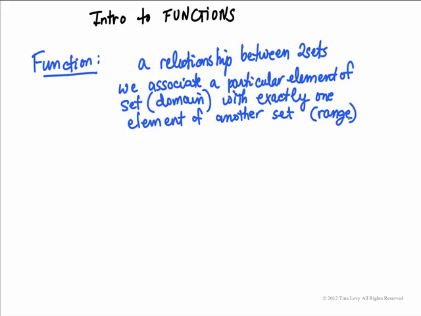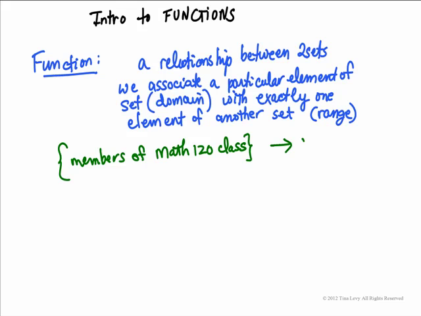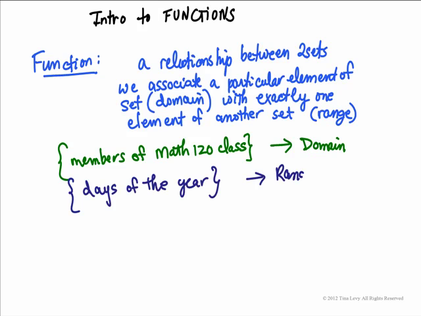So one good example of a function is if I took as one set members of my class, so members of my Math 120 class, and that's going to be my domain set. The range set will be days of the year, and so that would be my range set.